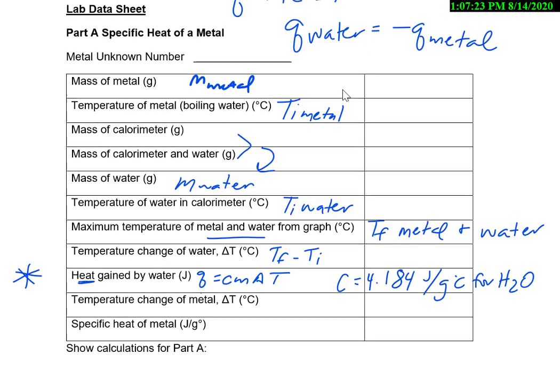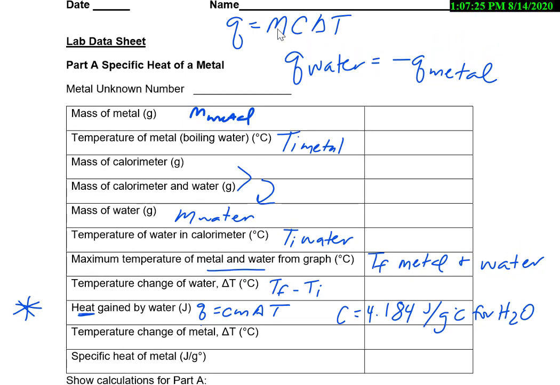So if we look at this equation up here and we focus as a metal now, we know the Q value for the metal. We know the mass of our metal because it's right here at the top. We are looking for C. So down here it says we're looking for C of the metal. Delta T right here, once again, it's going to be T final minus T initial like always.